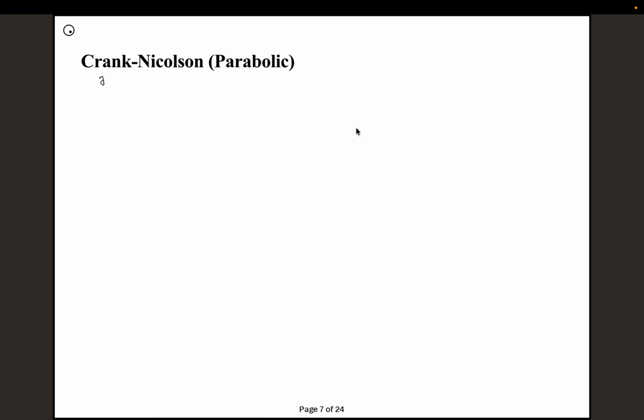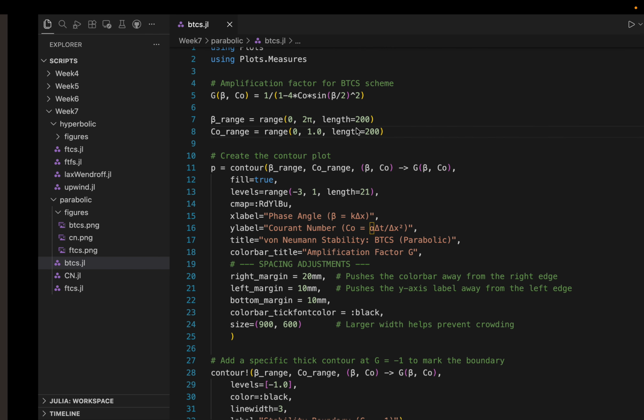So if you recollect, what is the finite difference equation for this? I should have shown the other plot here.